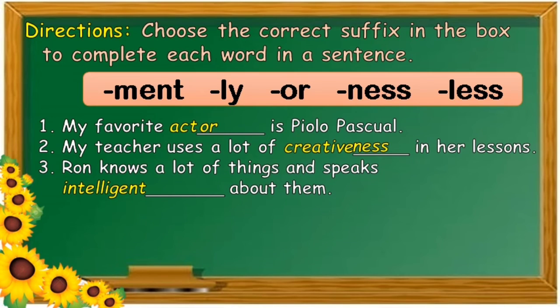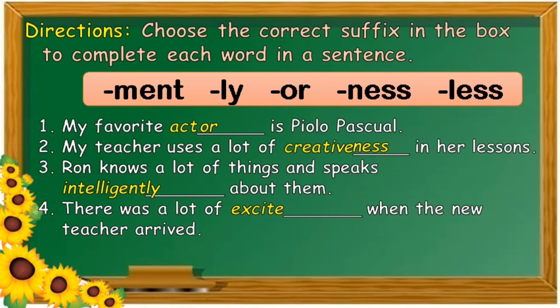Ron knows a lot of things and speaks intelligent blank about them. Very good. The answer is ly, intelligently. Number 4. There was a lot of excite blank when the new teacher arrived. And the correct answer is ment, excitement.